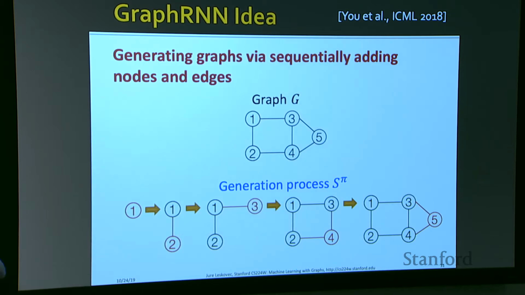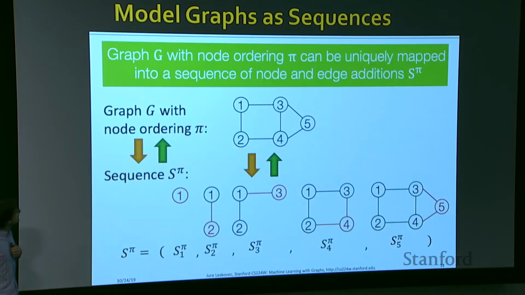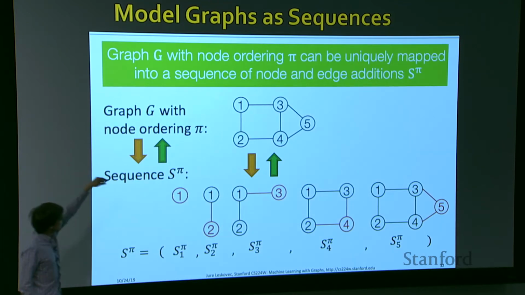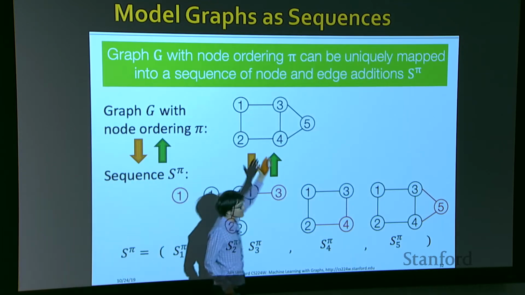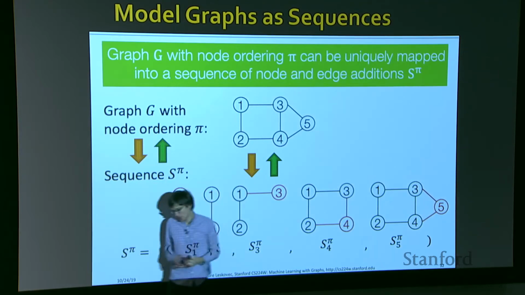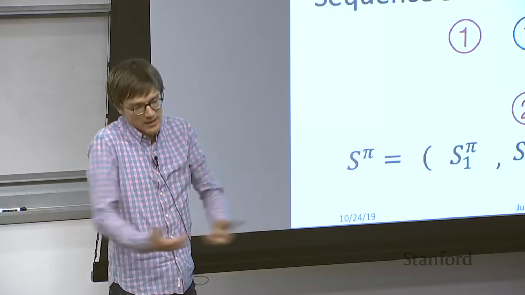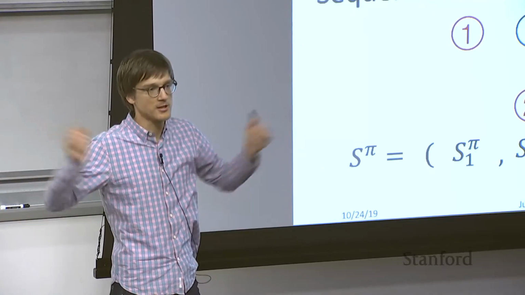So the first thing that is important is to realize that, as I said before, graphs can have arbitrary ordering. So I will use the symbol pi to say there is some random ordering, this ordering is pi.